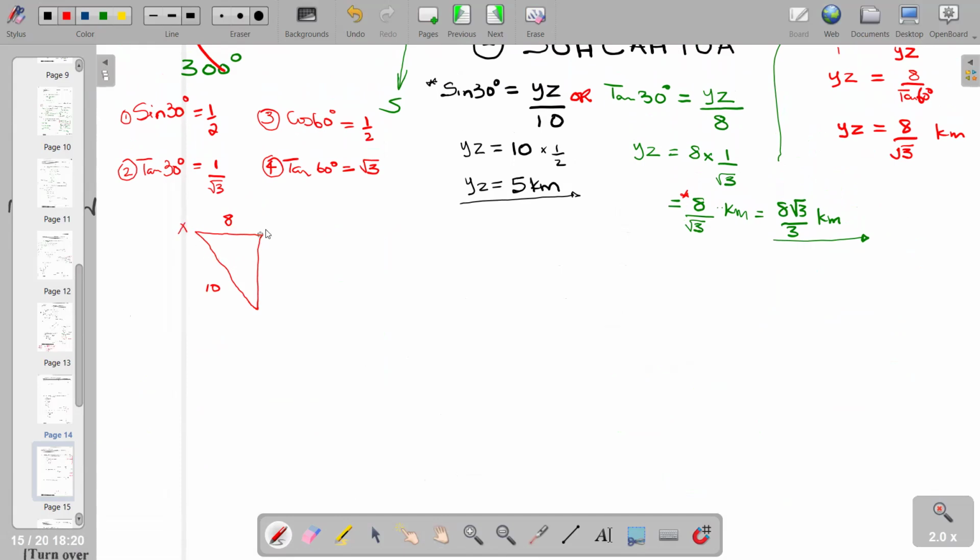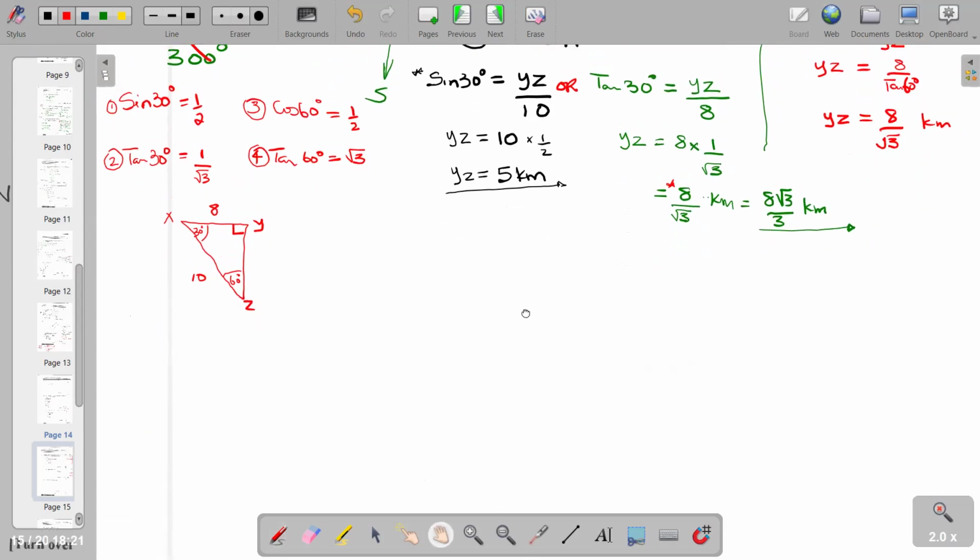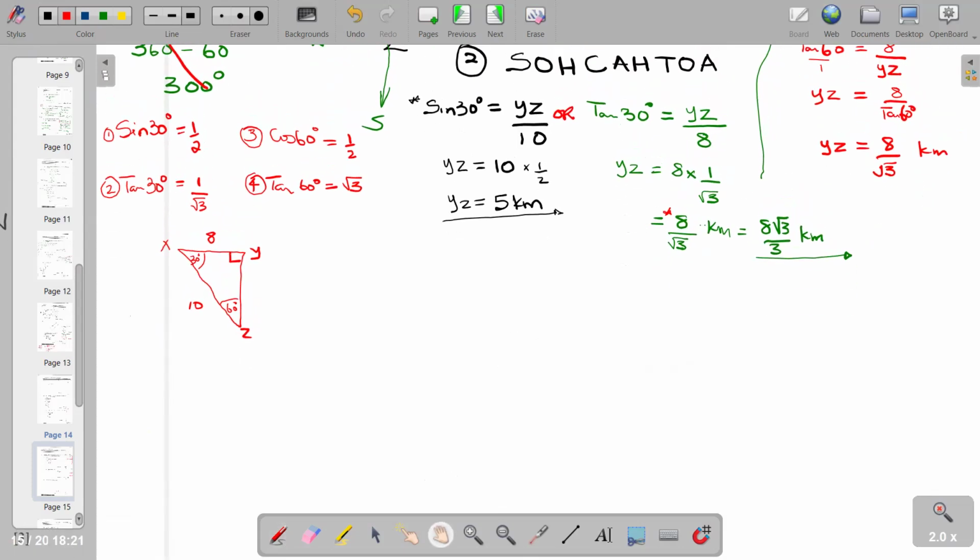X, Y, Z. Here we have 60 degrees, and here we have 30 degrees. So we are saying, using an alternative, maybe alternative 3, not trig ratios, it was possible to use the sine rule.